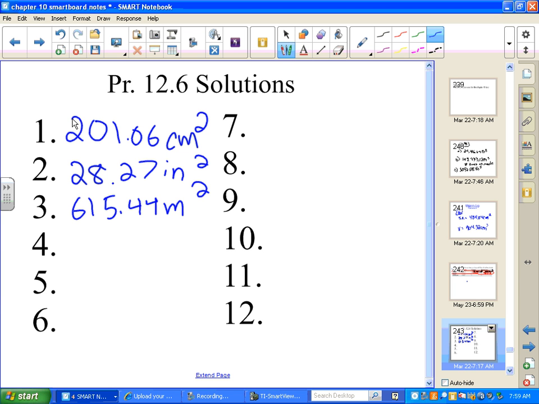No. Charles, number 4. No. Melissa? Yep. Number 5, Emma H. Say that again. Good, 3.5 or 7/2 centimeters. Doug, number 6. Good. Justin, number 7.